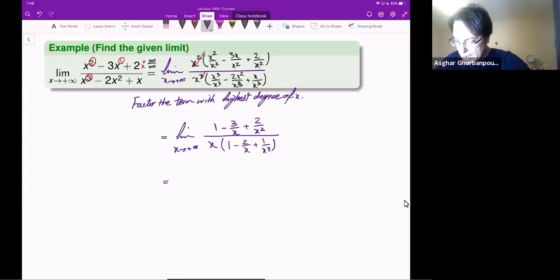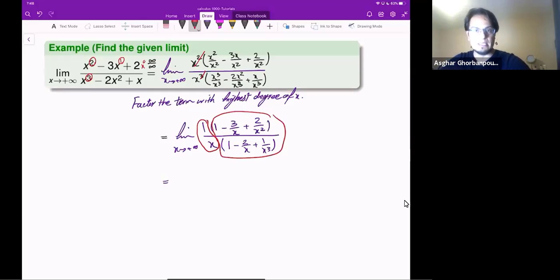Now I am going to separate these two factors, hoping that both have limits, using limit laws at infinity.